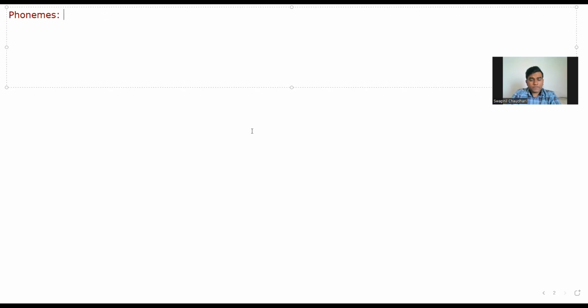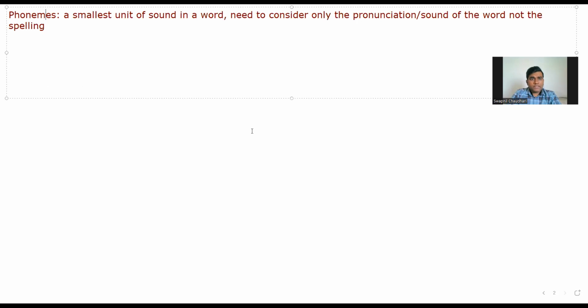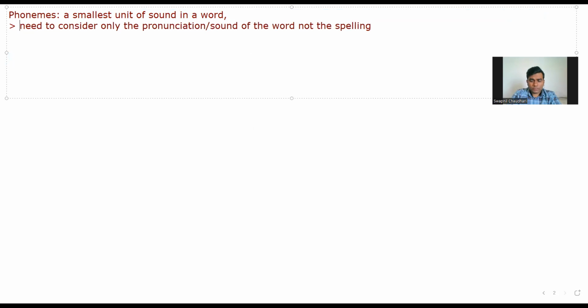Okay, so phonemes, you can see the definition is that it's the smallest unit of sound in a word. Need to consider only the pronunciation or sound of the word, not the spelling. Okay? So I'll just put it down over here.